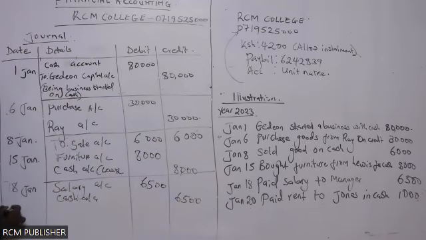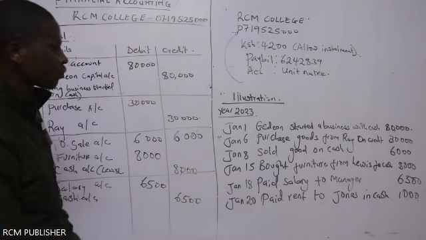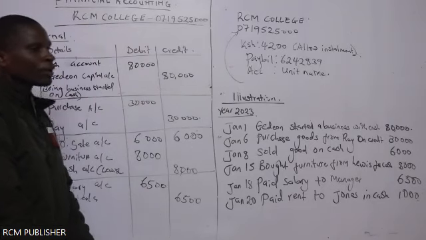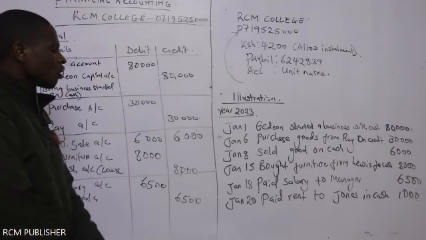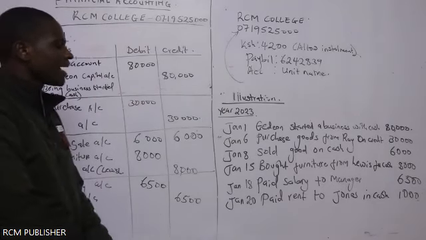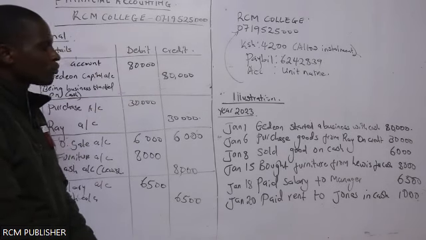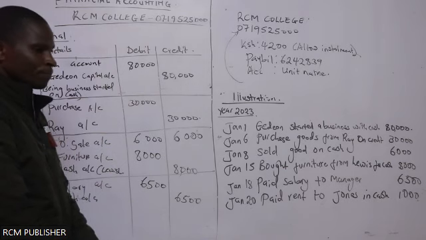The last transaction happened on 20th January. We are told that there was rent that was paid. Now this one, I want it to come from a lady. If on 20th January, we paid rent to Jones, Jones is our landlord, of 1,000.